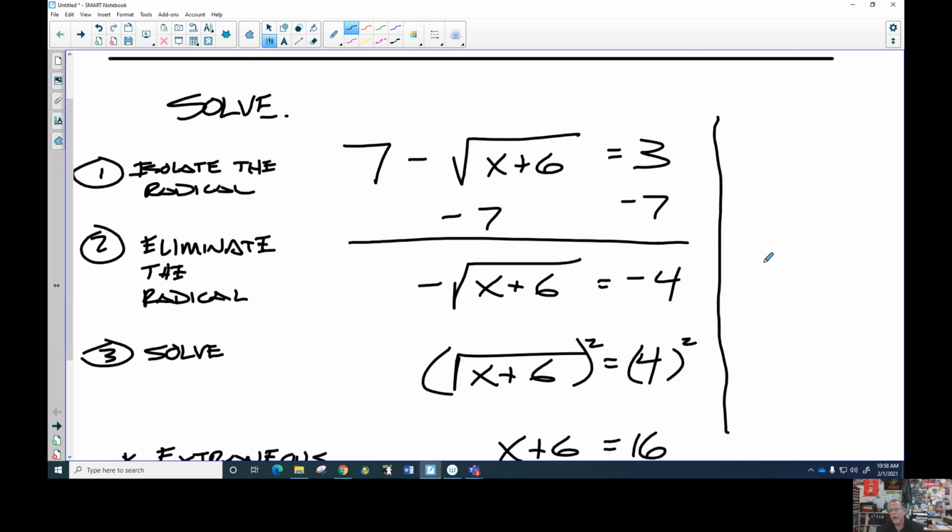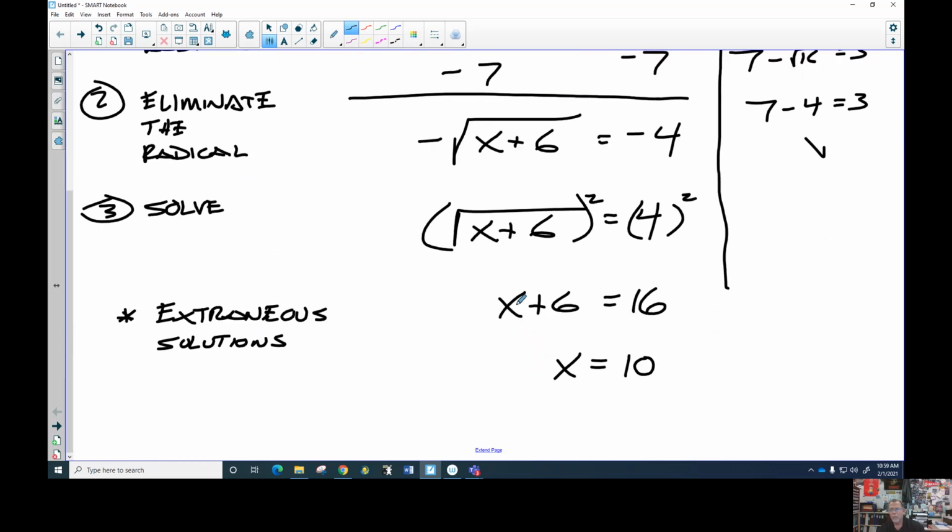So I'm going to go back and say 7 minus the square root of 10 plus 6 equals 3. So 7 minus square root of 16 equals 3. 7 minus 4 equals 3, and that is true. So we get that checked, and we can use that solution. x equals 10.